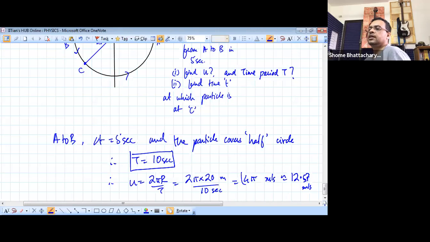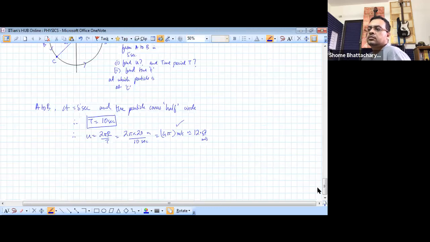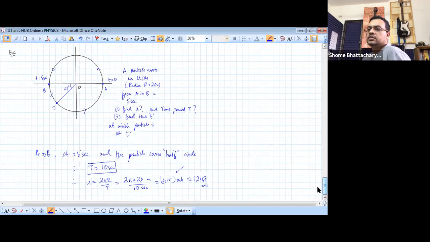You can leave the answer as 4 pi meters per second. That's fine. So that is the speed. Adinath correct. Shashwat correct.